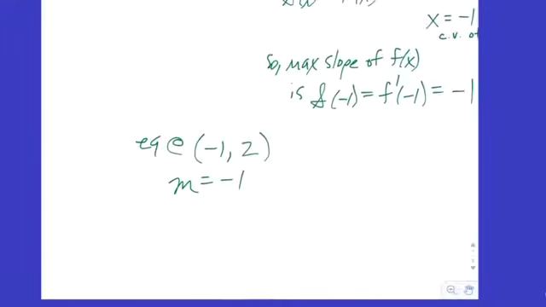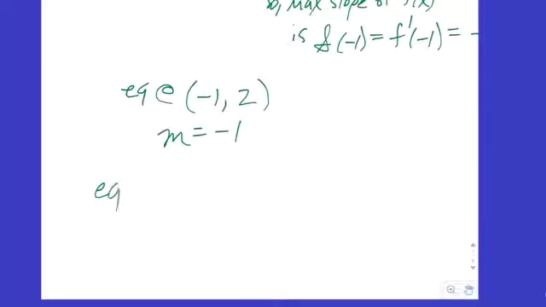And now that I have all my ingredients right out in front of me, the x value where the slope was the maximum, the y value where the slope was the maximum, and the maximum slope itself, I can get the equation to be, in Taylor form, y equals the y value of 2 plus the slope, -1, times x minus -1 or x plus 1.